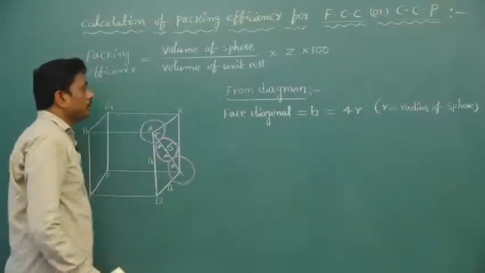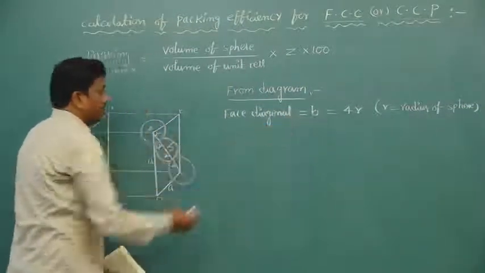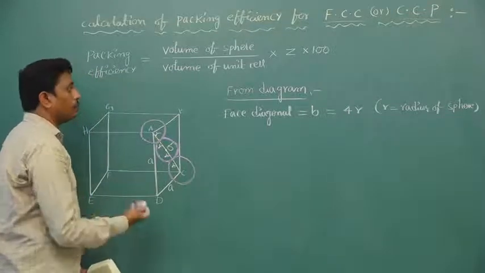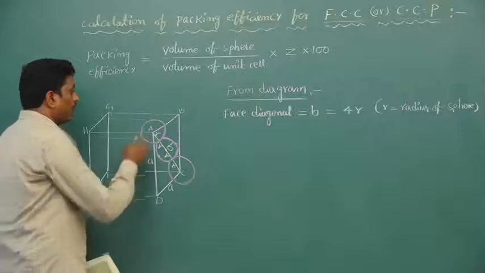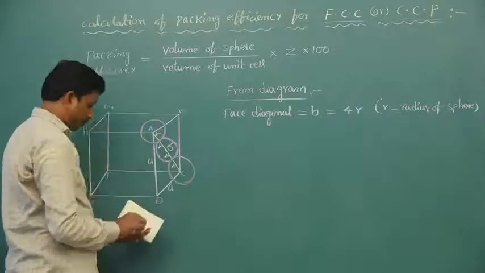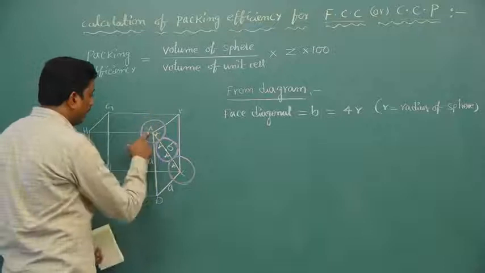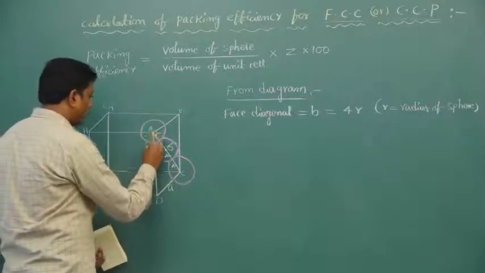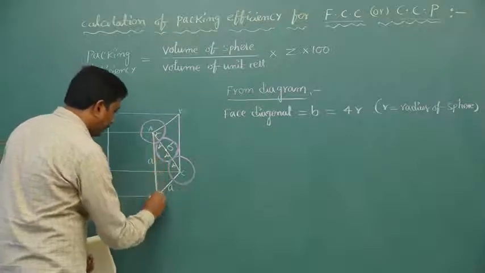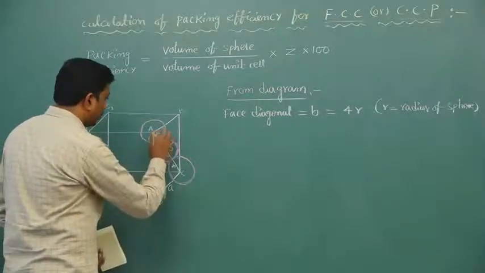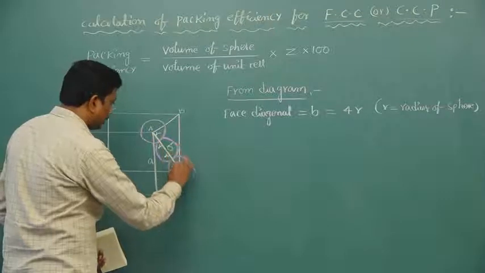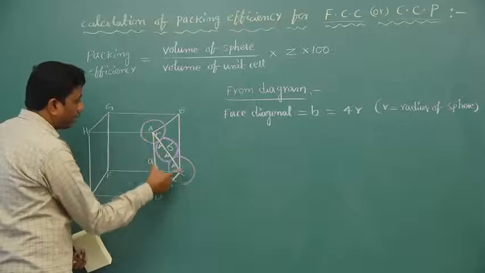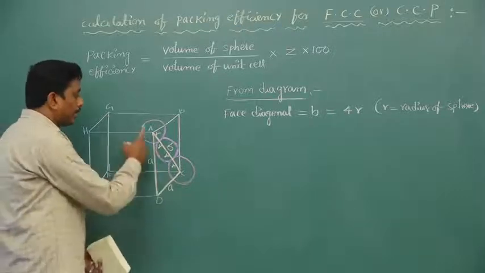Now, see, we need to calculate this B in terms of A. For that purpose, I considered a triangle here. The triangle is ACD. Considered triangle ACD. It is a right angle triangle.